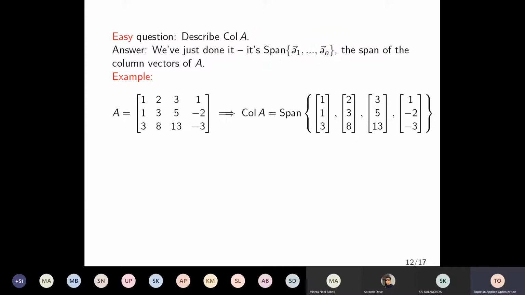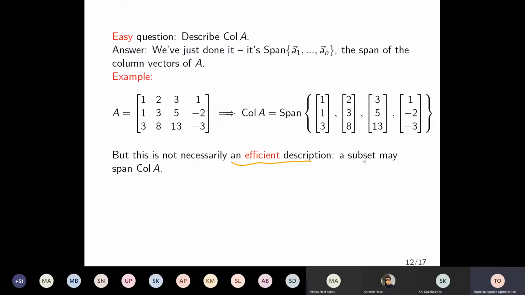So the column space is nothing but the span of the columns of A, but this is not necessarily an efficient description. As I said, they may be dependent, so you may have some redundant vector that you could have removed from here.